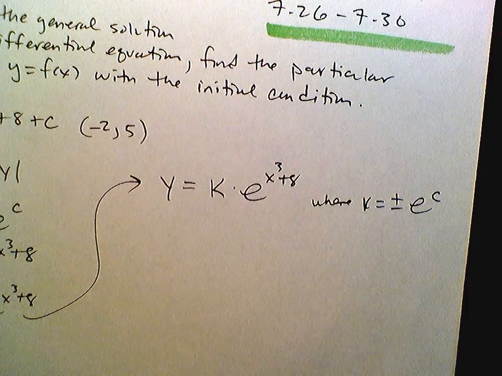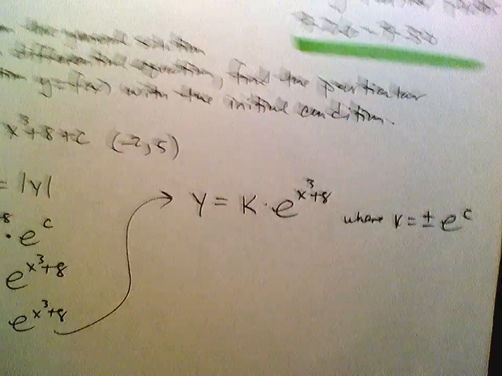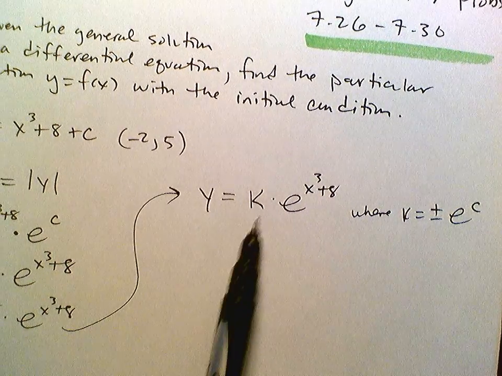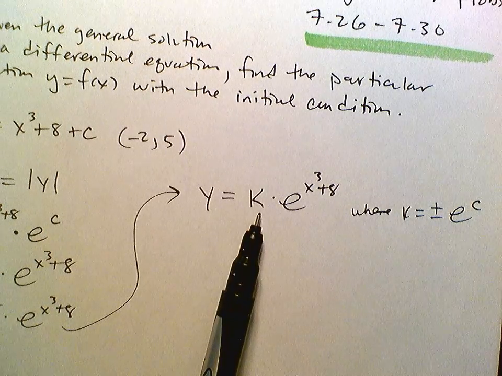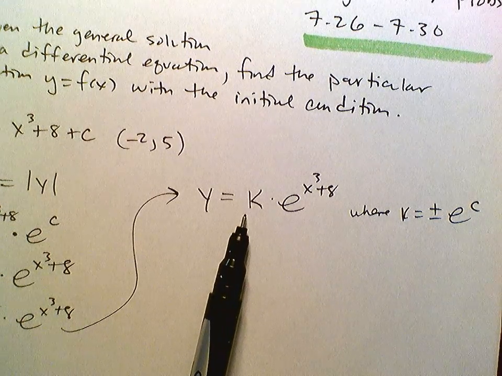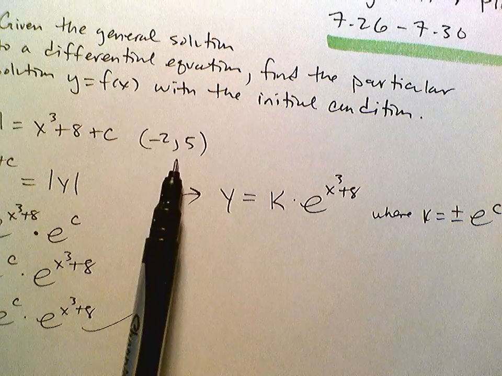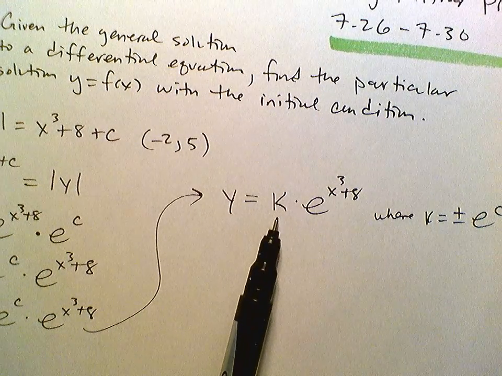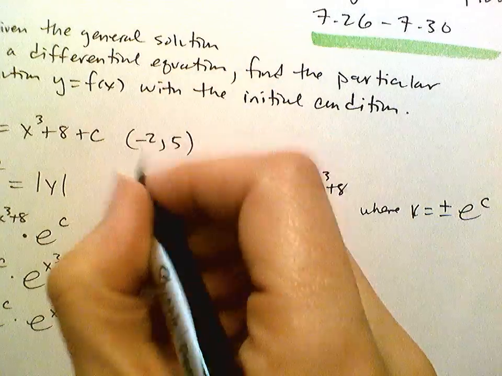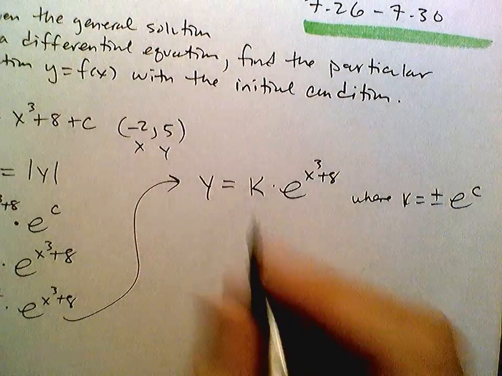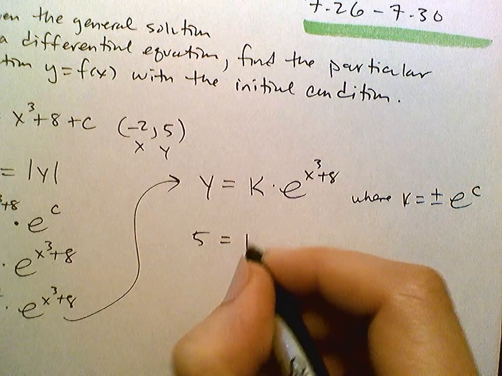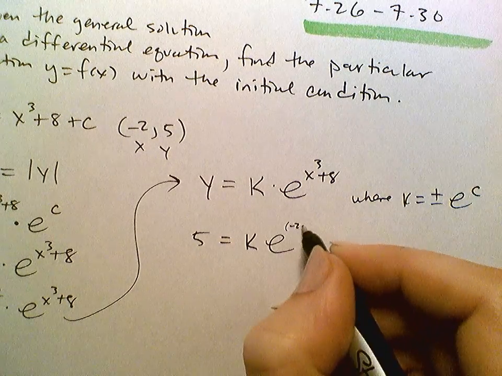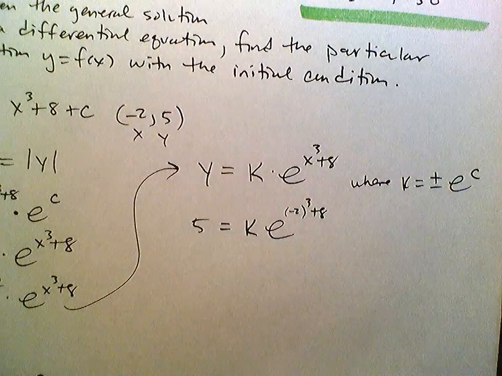Now this is not the particular solution yet. I can use this initial condition to figure out what k is, and then I will have the particular solution. So 5 equals k e to the negative 2 to the third plus 8.